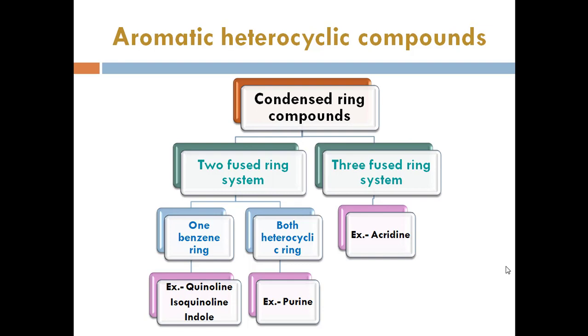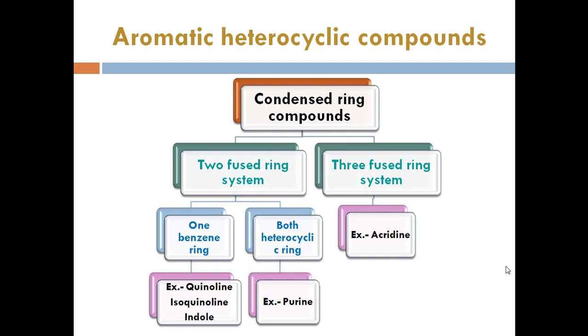Second, condensed ring compounds: 2 fused ring systems and 3 fused ring systems. A 2 fused ring system means a compound containing 2 fused or condensed rings in the structure, and then 3 fused ring systems. The 2 fused ring system can be classified again into 2 groups. First, out of 2 rings, one is a benzene ring and one is a heterocyclic ring; examples are quinoline, isoquinoline and indole.